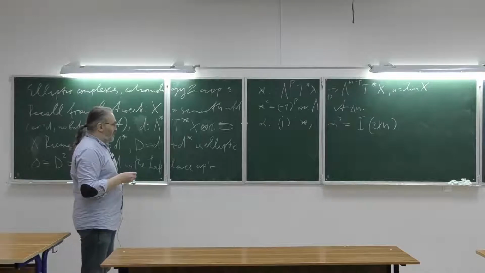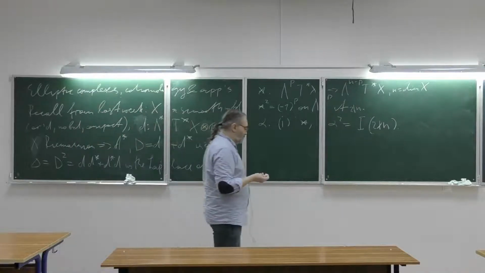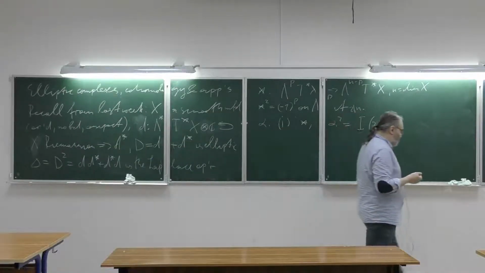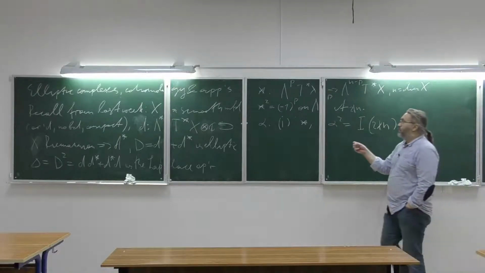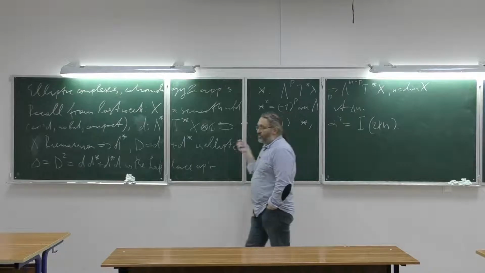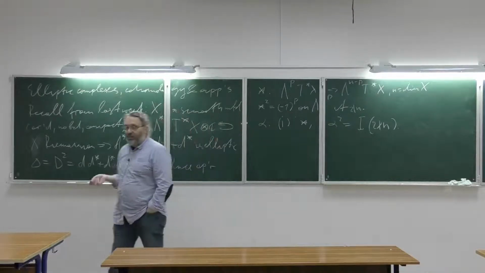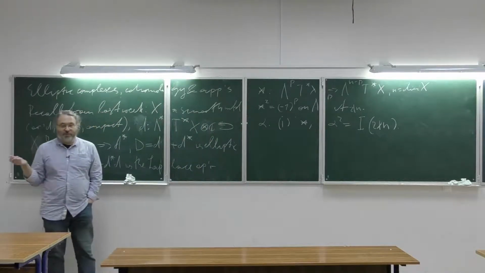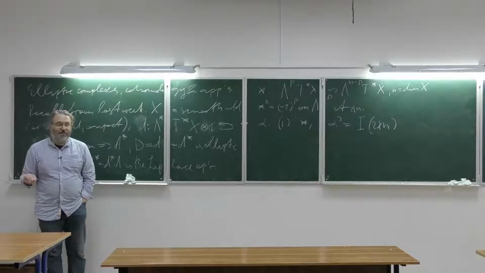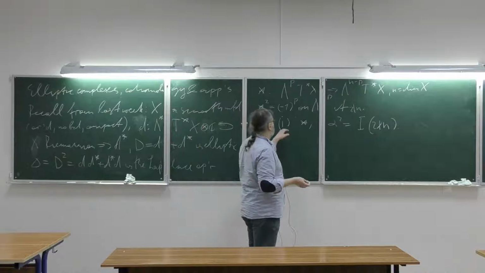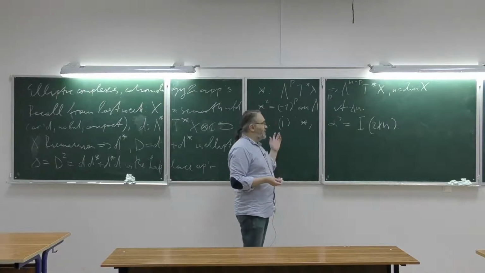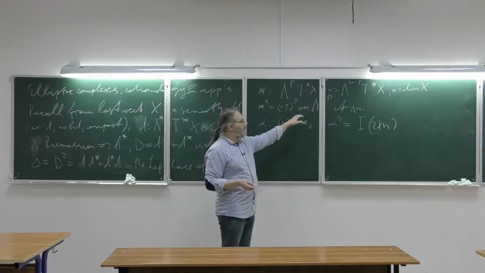And the idea is if we have something which squares to minus 1, then i times something squares to 1. And so we can multiply the Hodge star by i to some power.